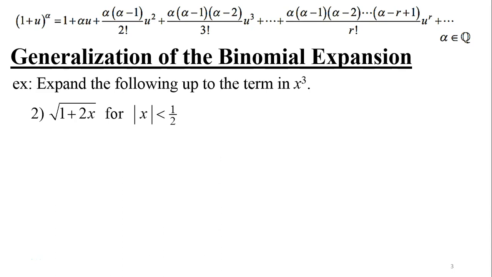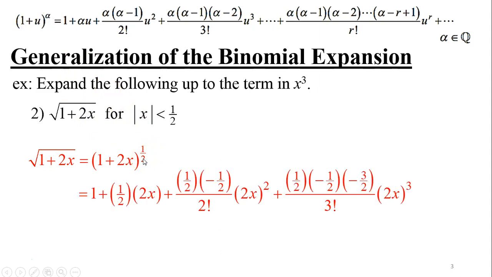We know that a square root is equivalent to an exponent of half. So the square root of 1 plus 2x is 1 plus 2x to the half. So over here, by comparison, we have u equal to 2x and alpha equal to half.